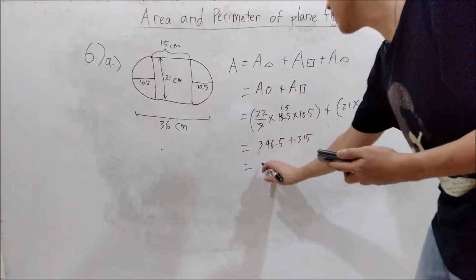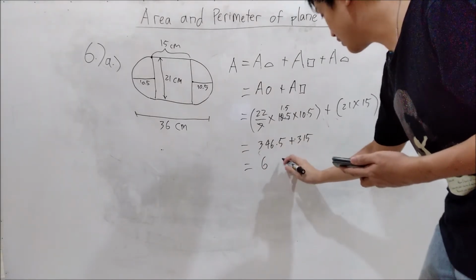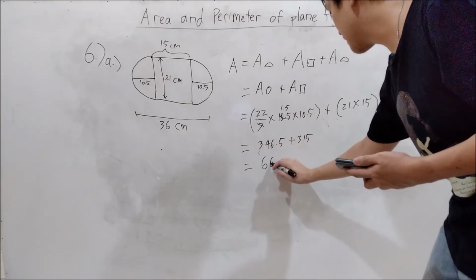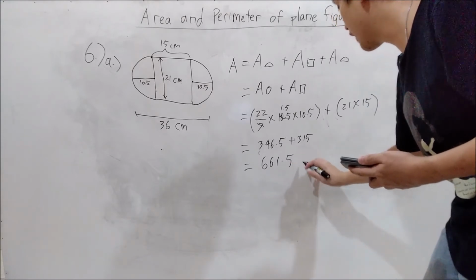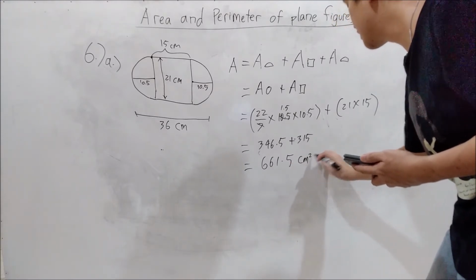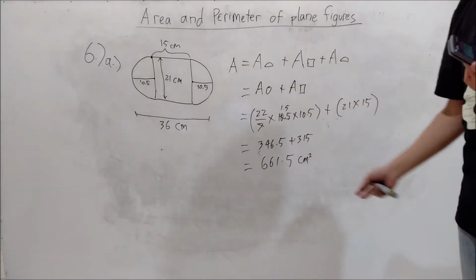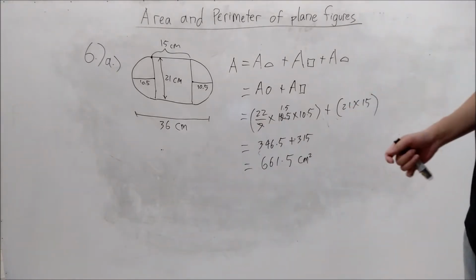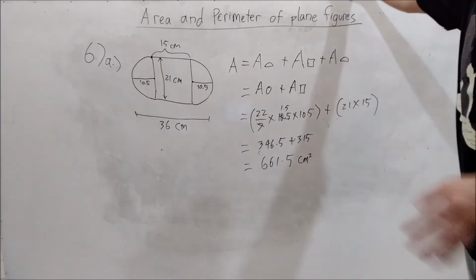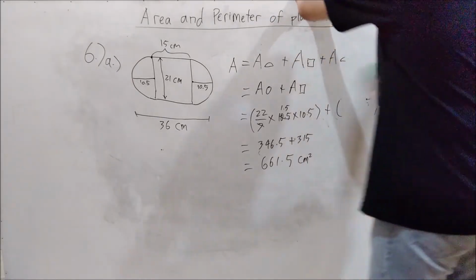So when you sum it up, it will be 661.5 centimeter square. We put square there because it is an area. So that's about our first figure.